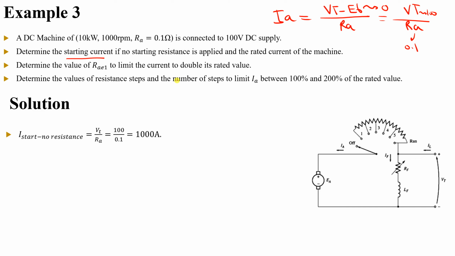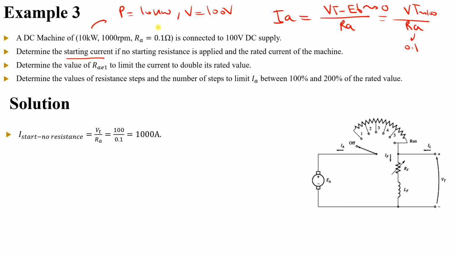Okay, what about the rated current of the machine? How can I get it? Very easy. As you can see, we have power equal to 10 kilowatt and voltage equal to 100 volt.